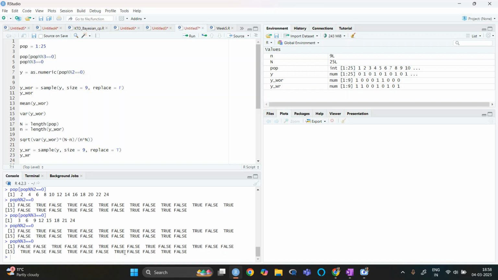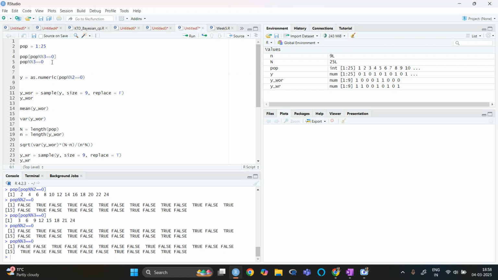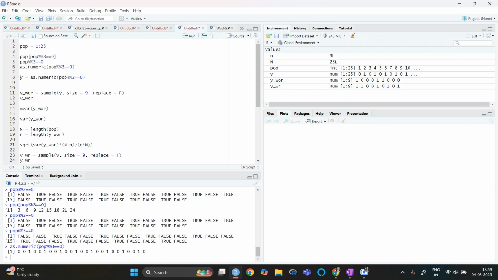I'm not talking about writing for 100. I just wanted to understand the conversion aspect, how we are converting with the as numeric command, from qualitative. Basically, as numeric: if I have this population by 3 and I write as numeric, it gives false to 0 and true to 1.